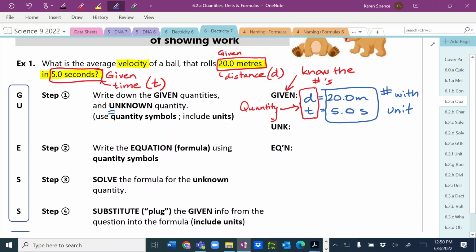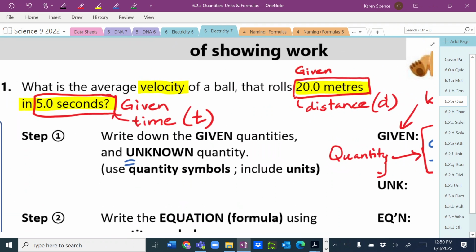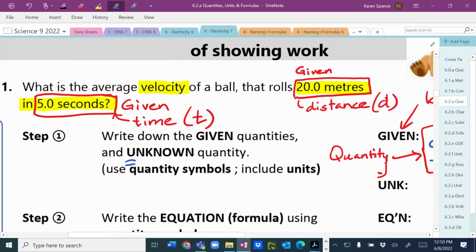Look for the question word. Yes? Where's our question word in the question? What? Yes. So we have what is the velocity. So that is our unknown.